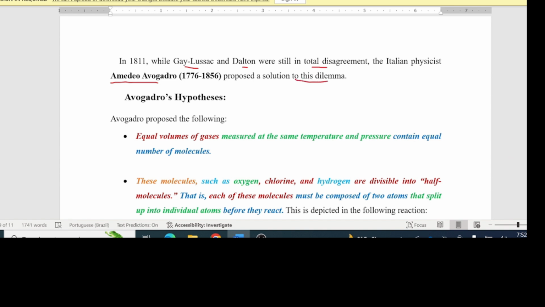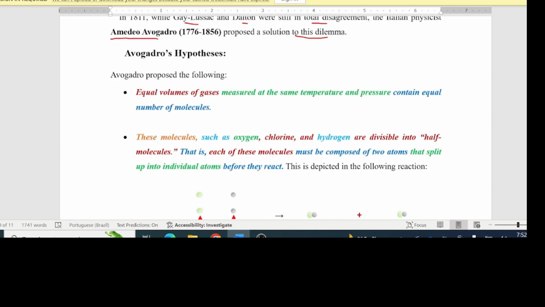This is his hypothesis: equal volumes of gases measured at the same temperature and pressure contain an equal number of molecules. So if you have 10 different gases at the same temperature and pressure, with the same volume, and you count the number of particles inside, they'll have the same number of particles.